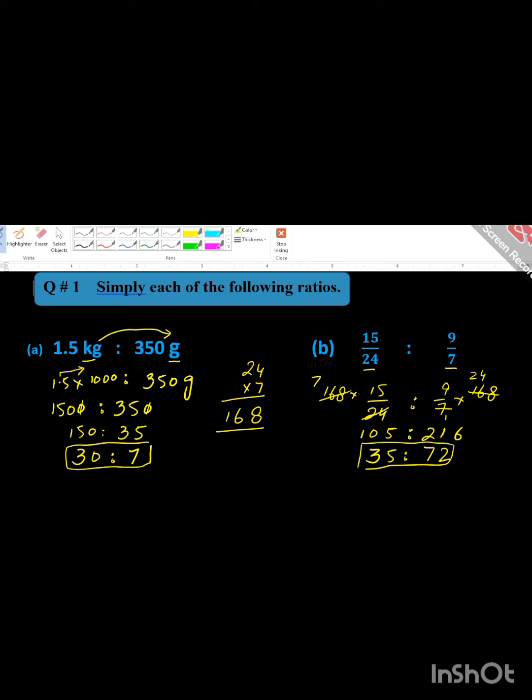Okay, come to the next question, that is part C. Again we have decimal form, and yesterday we did a question with the same form. Simply we have to multiply by 100 on both sides, and when we multiply with hundreds, we remove the decimal and the question comes easier, that is 45 ratio 85, because there are 2 digits in the 100, and when we multiply, this decimal will come here, and at the end we will not place the decimal.